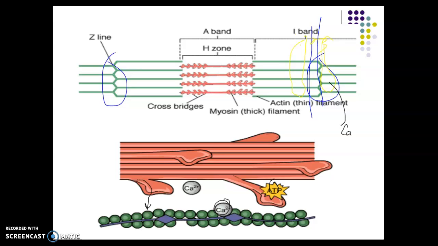And the binding of calcium causes it to change its conformation. And now this head can bind on to actin and pull it. So again, remember, actin is going to get pulled this way, and the H zone is going to disappear. So the 2 molecules that are needed, ATP and calcium.